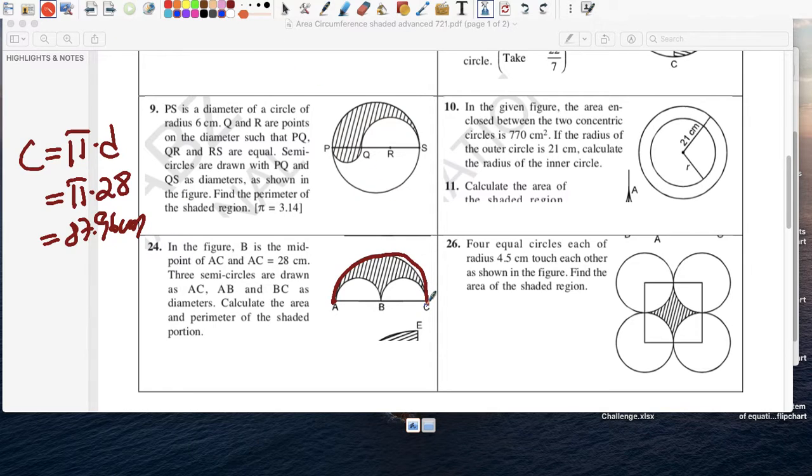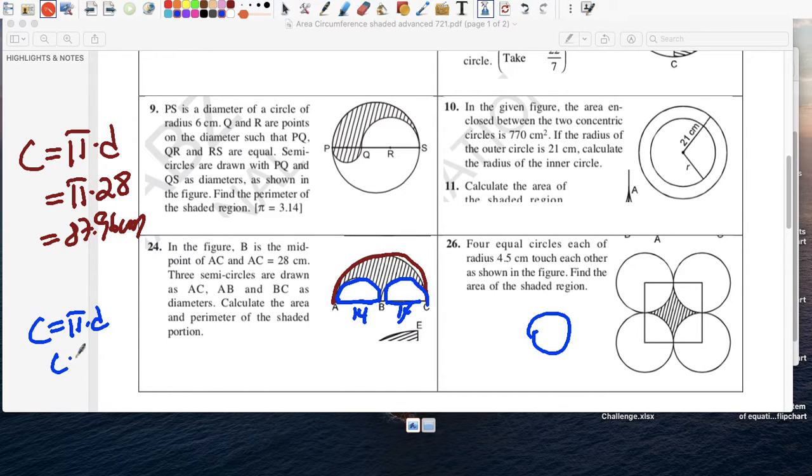You're still not done with your walk. Now you're going to continue walking your dog, and you're going to take this half a circumference and this half a circumference of the smaller circle, and notice that these two halves make one full circle, right? So C equals pi d, and what's the diameter here? That diameter is 14, right?